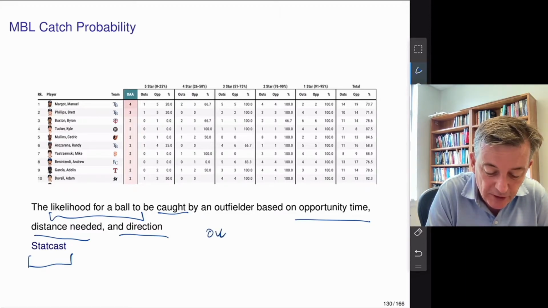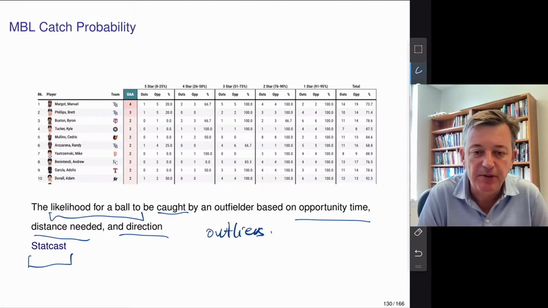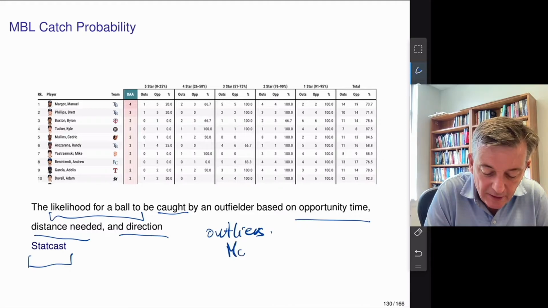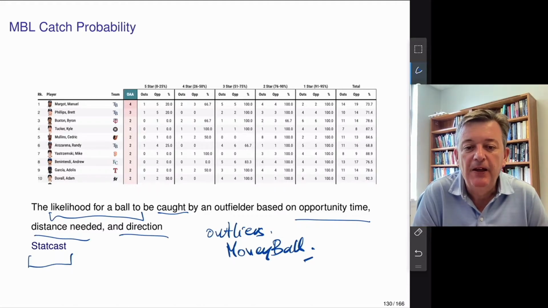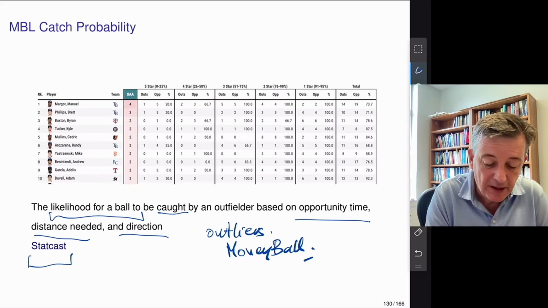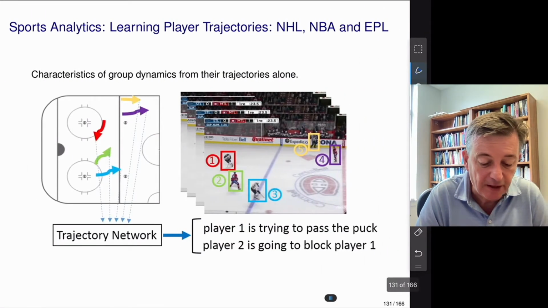You're looking for who's the most valuable outfielder, similar to Moneyball. Again, Michael Lewis's book Moneyball sort of started the whole game of looking at data analytics and trying to value players relative to some underlying basic statistical model. So a huge amount of work put into that.